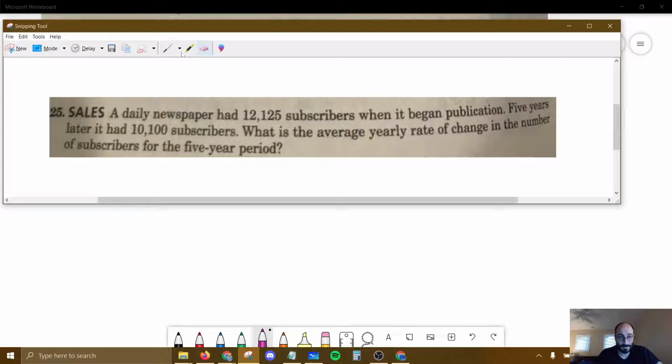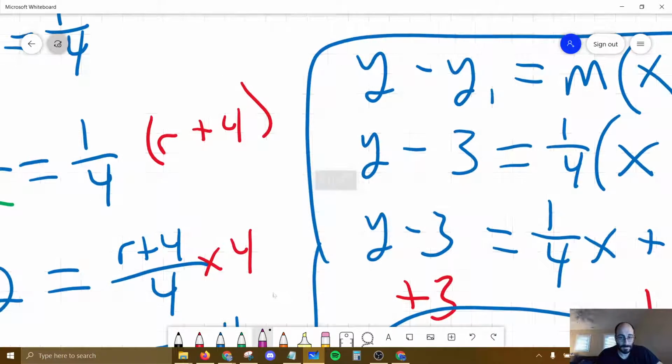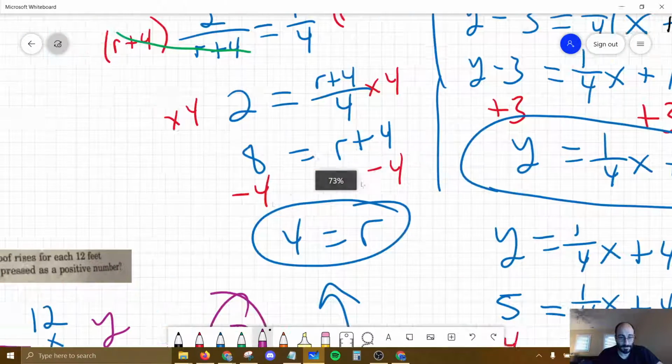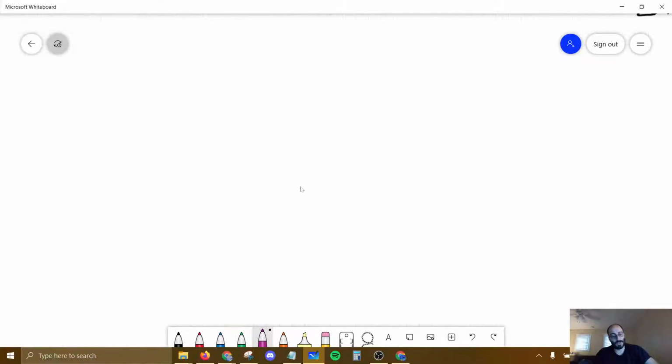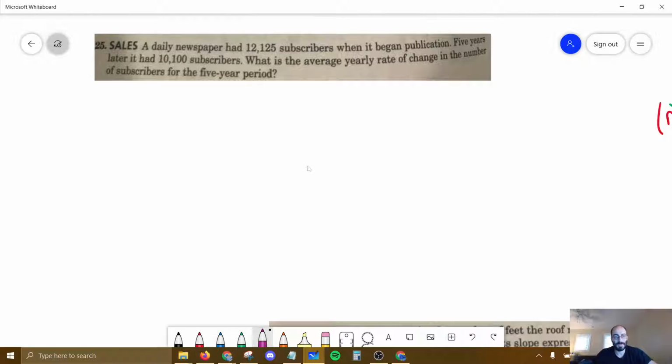And this one here. All right, so last one. The daily newspaper has 12,125 subscribers when it began publication. 5 years later, it had 10,100 subscribers.